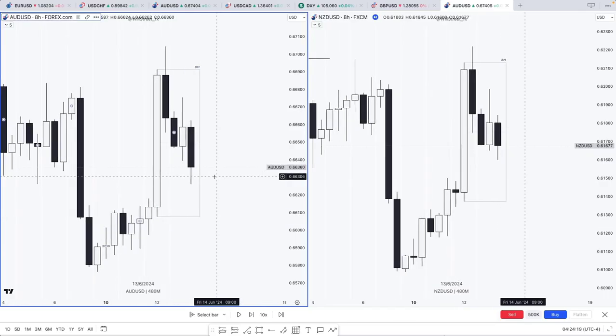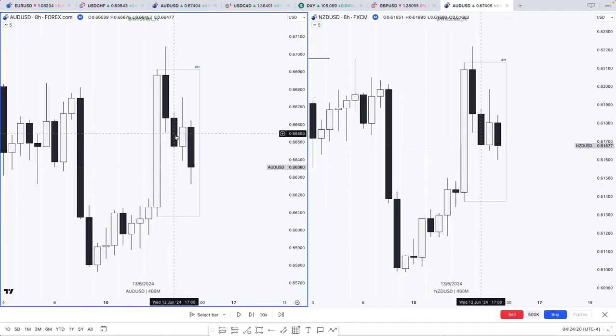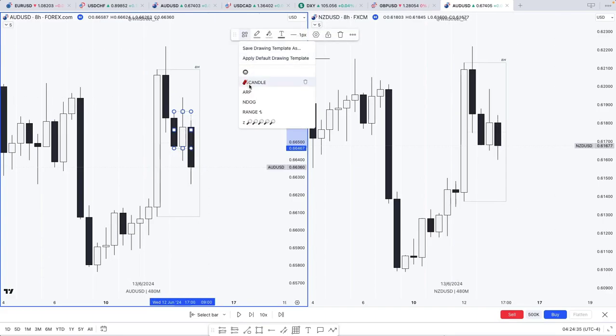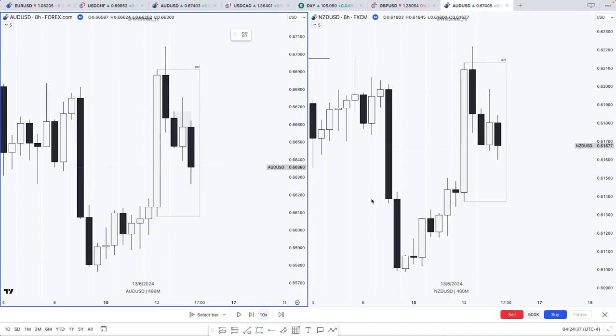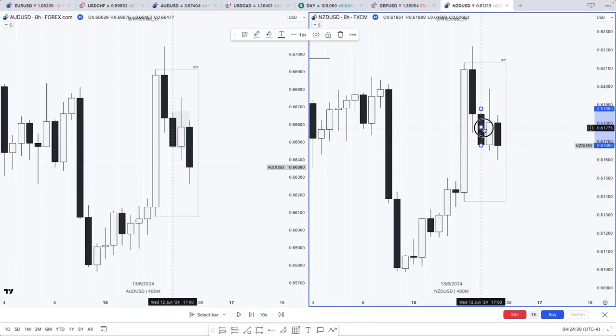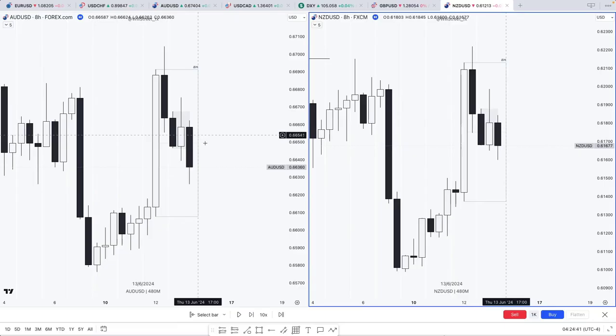So what happened here? Look at the bodies, look at the opens. It opens below, so then needs to reset our range. And we also had news, meaning that during the news will be the Judas swing and then the final move.